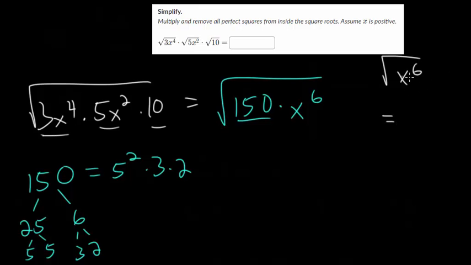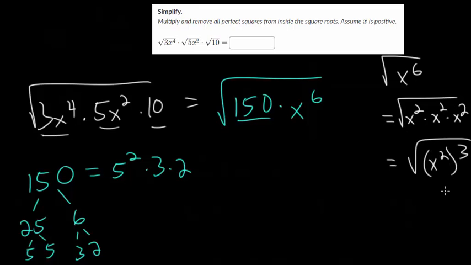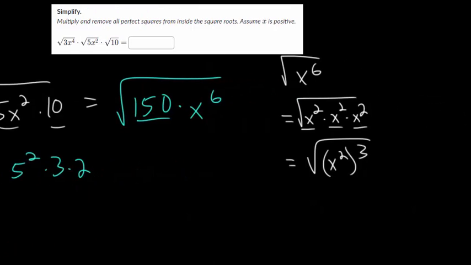I'm going to rewrite it as a bunch of perfect squares multiplied together. So x squared times x squared times x squared, or you can rewrite it as x squared and then cubed. So either way works, but basically once you write it like this, we can break it up into separate square roots.